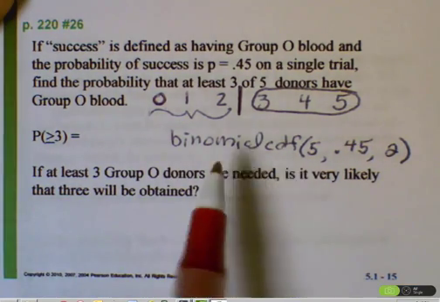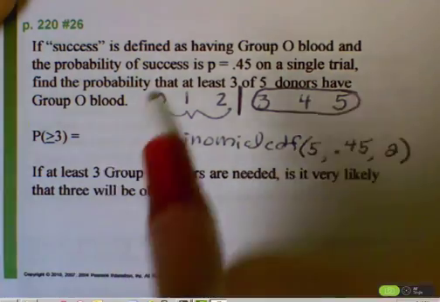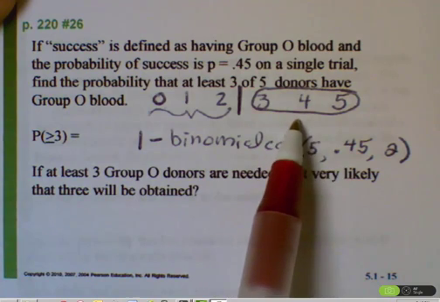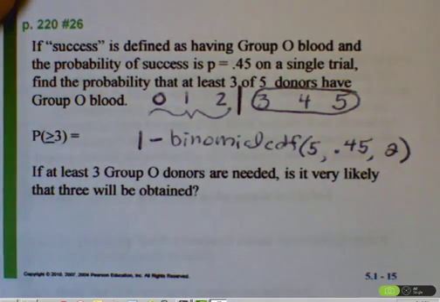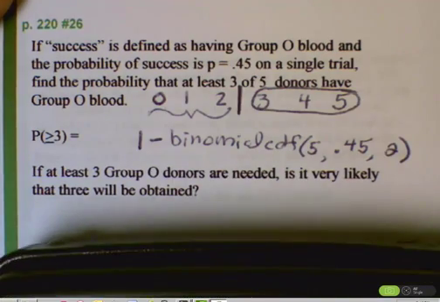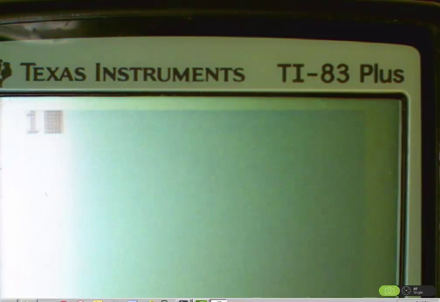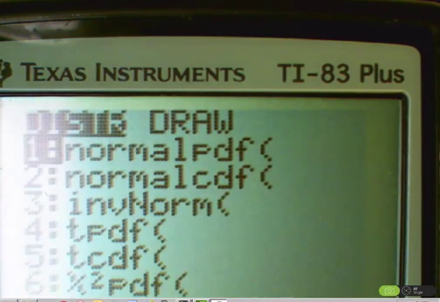And once I have that probability, I can subtract it from 1 to get the probability that I'm looking for, the probability of at least 3. And by the way, you can enter that straight left to right on the calculator. You can say 1 minus before you pull up binomial CDF.